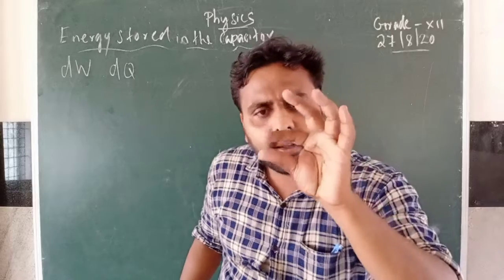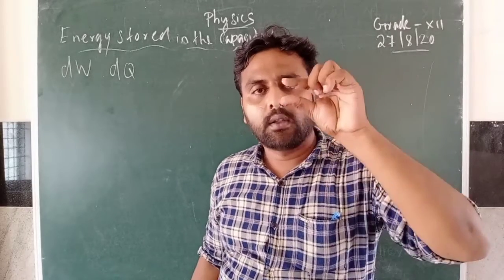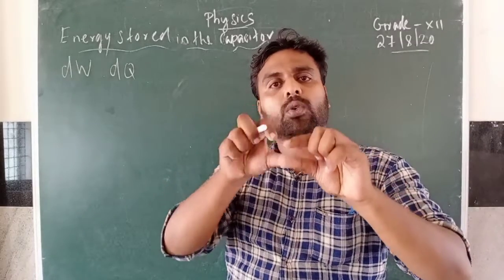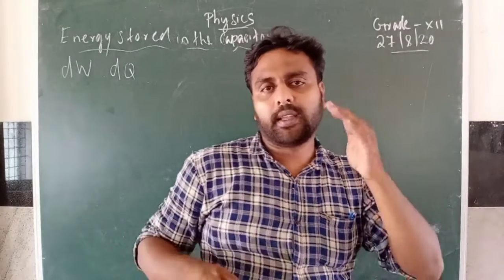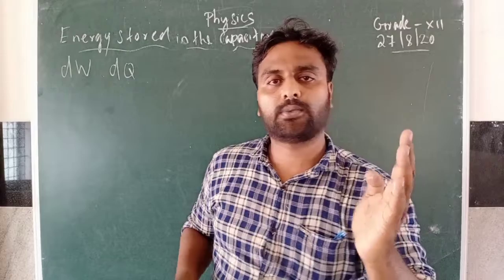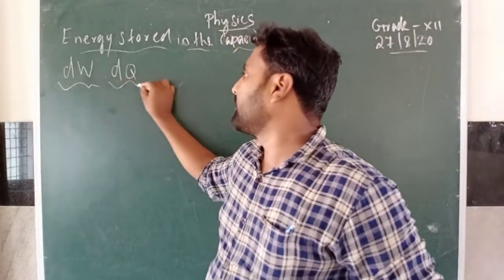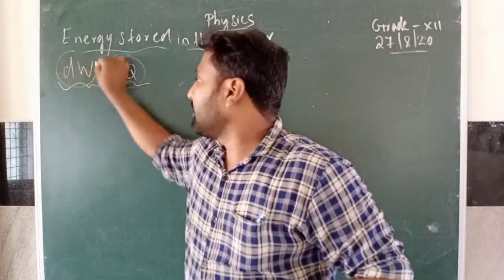For a small unit, how much work is done by the battery to transfer this charge from one place to another place? That is what we are finding, for an infinitesimal charge.